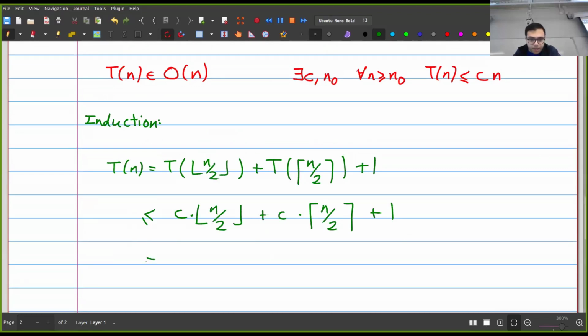And this is basically C times n plus 1. And my induction fails, because I wanted to show that it's less than or equal to Cn, I can only show that it's less than or equal to Cn plus 1. Right? So I'm not happy. What can we do now?